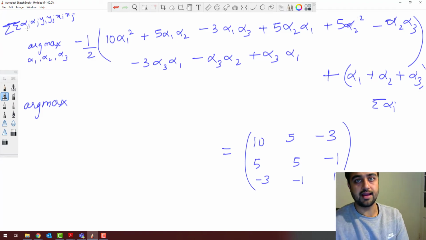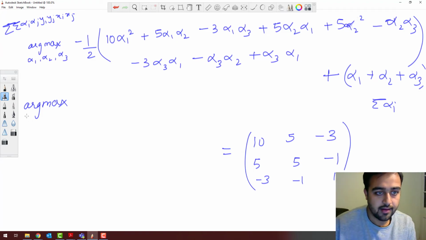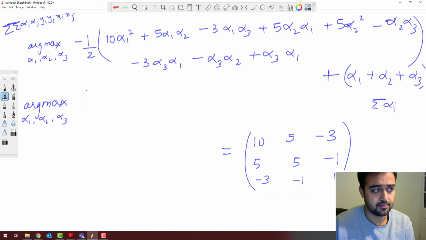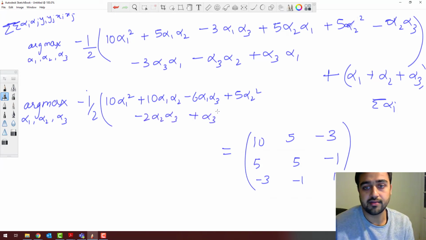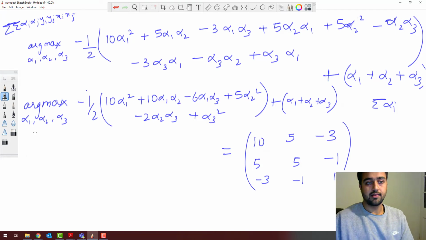Adding these two together, we'll get our SVM in dual form, right? So this would be alpha 1, alpha 2, alpha 3 minus half 10 alpha 1 square plus 10 alpha 1 alpha 2 minus 6 alpha 1 alpha 3 plus 5 alpha 2 square minus 2 alpha 2 alpha 3 plus alpha 3 square, plus alpha 1 plus alpha 2 plus alpha 3, right?